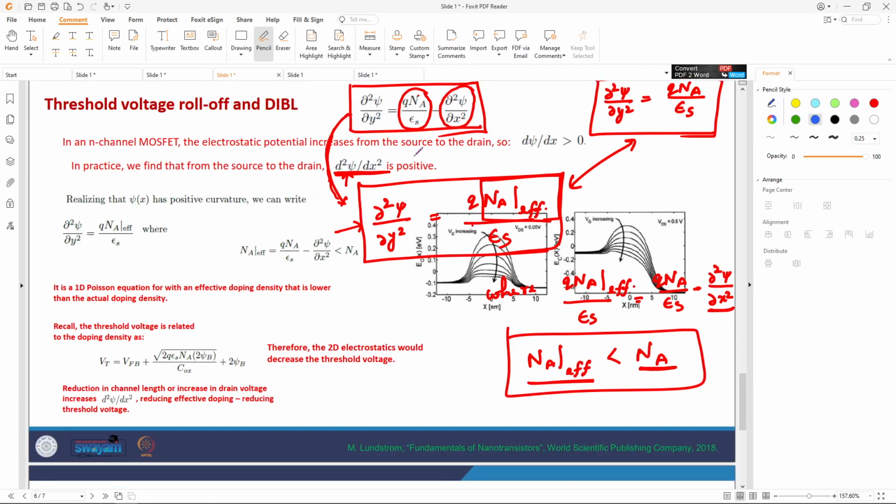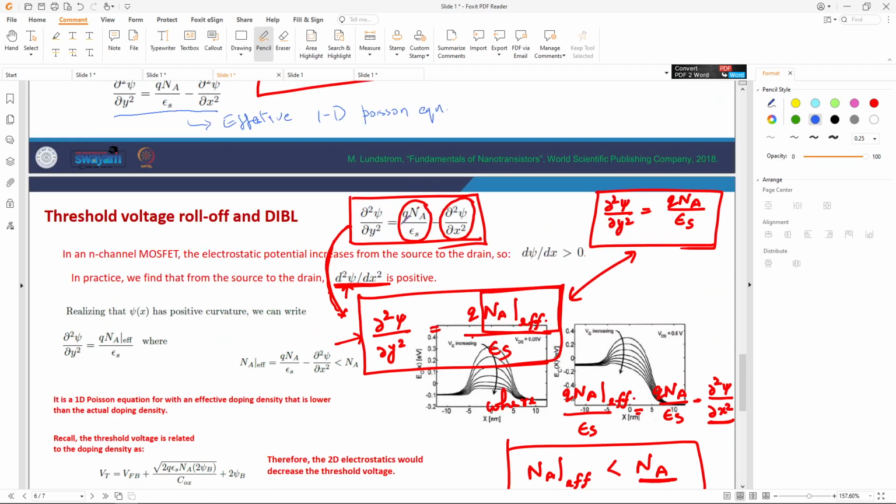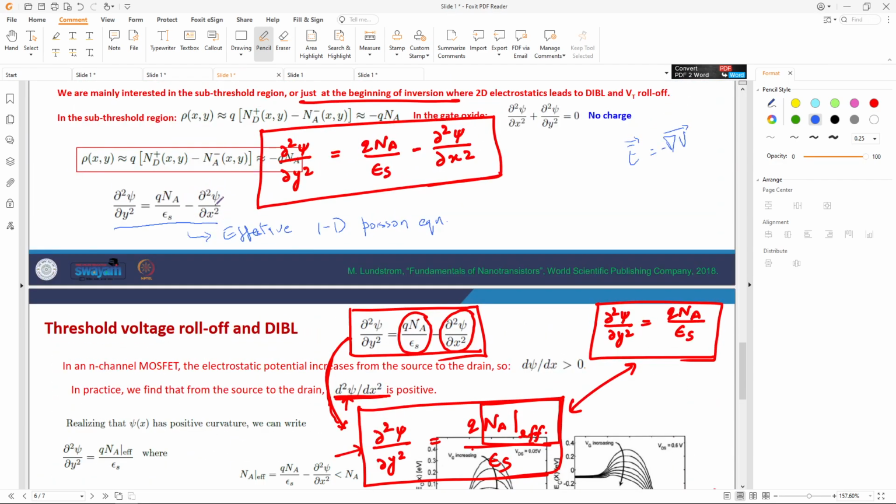Now what we will see here is that this quantity can be absorbed into Na. I can multiply and divide by epsilon s by q and absorb it into this. So I can write d square psi s by dy squared is equal to q by epsilon s into Na minus epsilon s by q d square psi s by dx square.